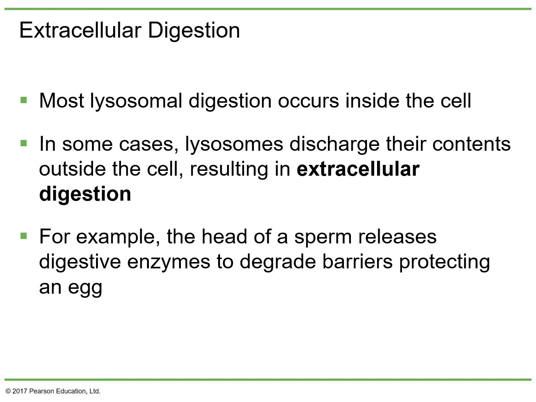While most digestive processes involving lysosomal enzymes occur intracellularly, in some cases, lysosomes discharge their enzymes to the outside of the cell by exocytosis, resulting in extracellular digestion. One example of extracellular digestion occurs during fertilization of animal eggs.